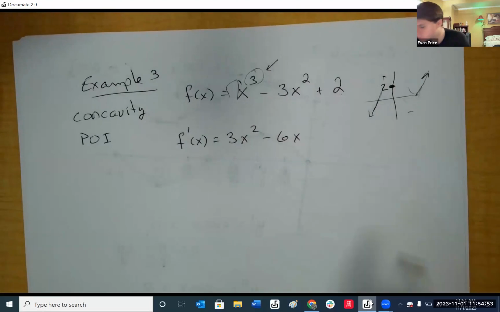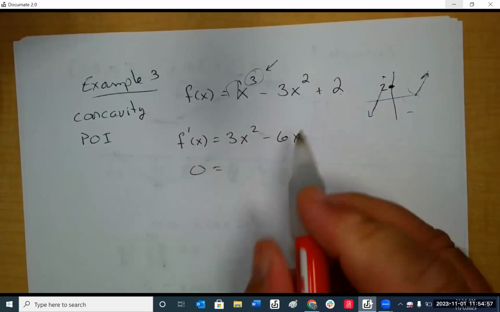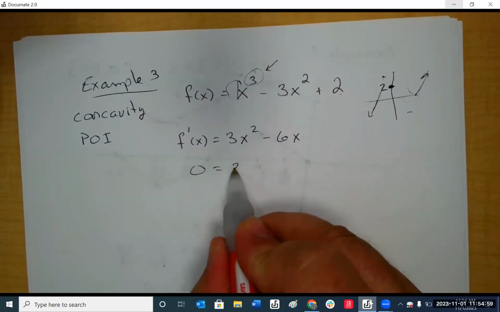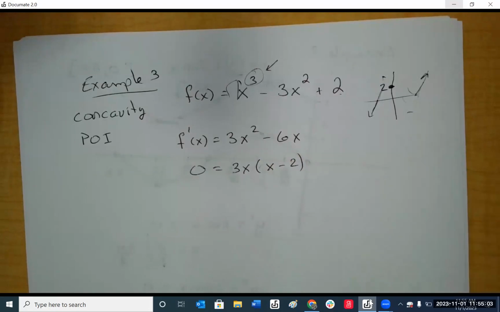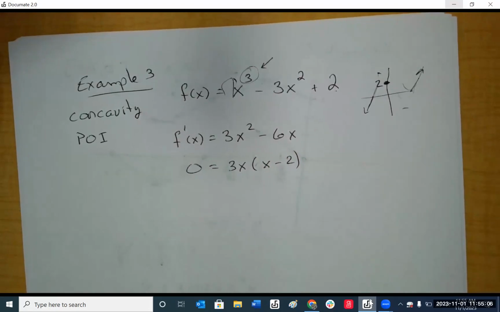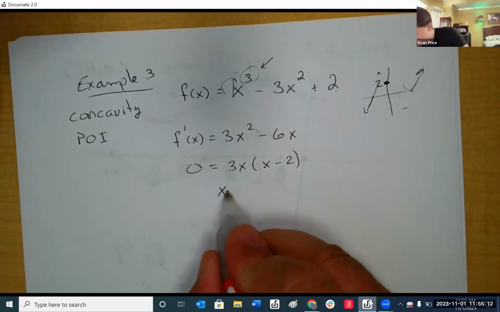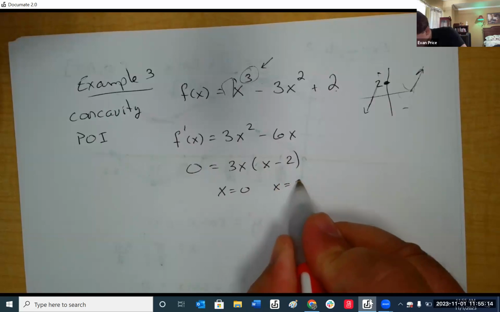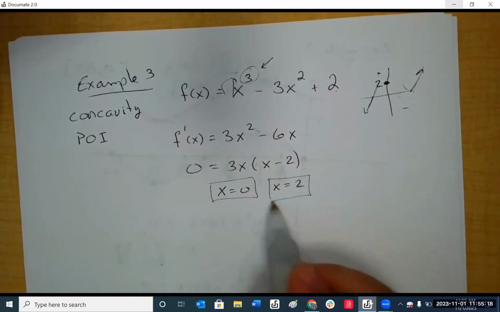So we set this one equal to 0. We can factor out a 3x, which gives us x minus 2. We have x equals 0 and x equals 2, so we have a vertex there and a vertex there.